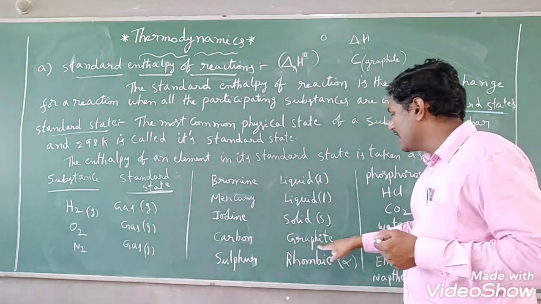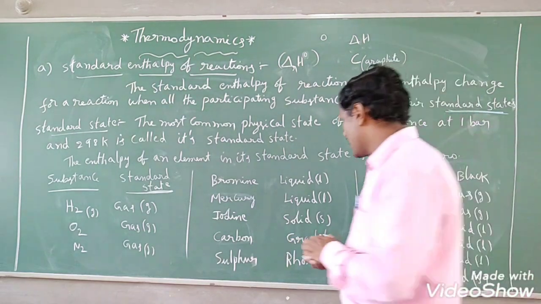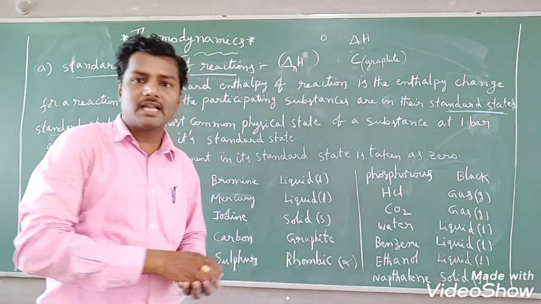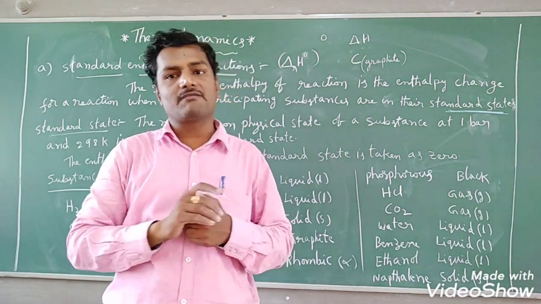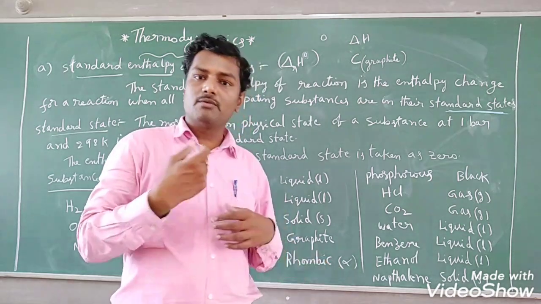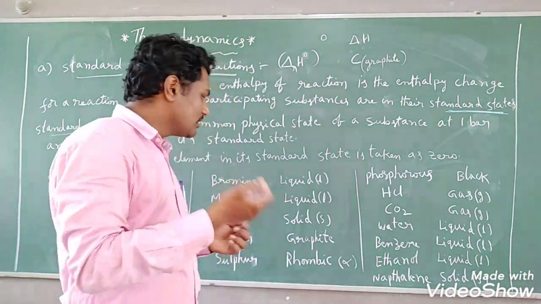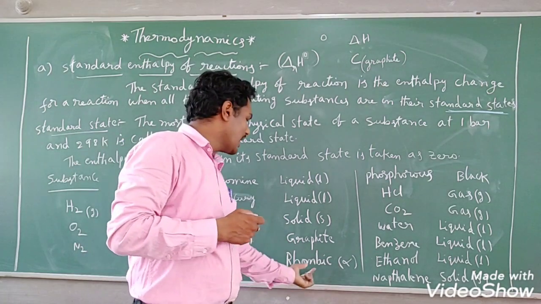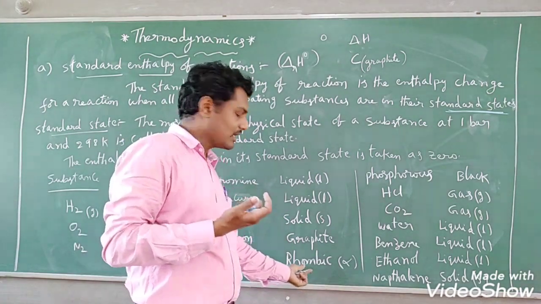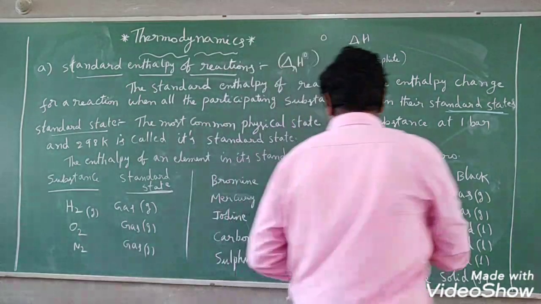So carbon's standard state is graphite, right? And sulfur, different forms of sulfur we have: alpha sulfur, beta sulfur, rhombic sulfur, monoclinic sulfur. Among those, rhombic sulfur is the standard state they have taken.